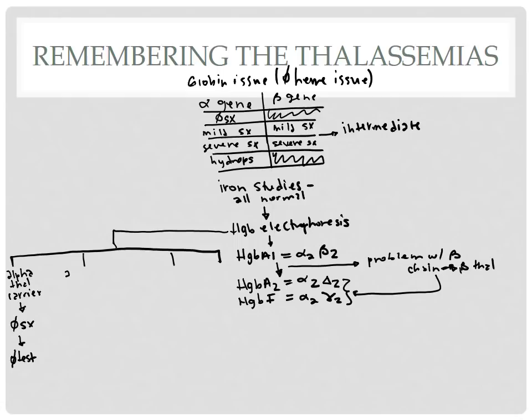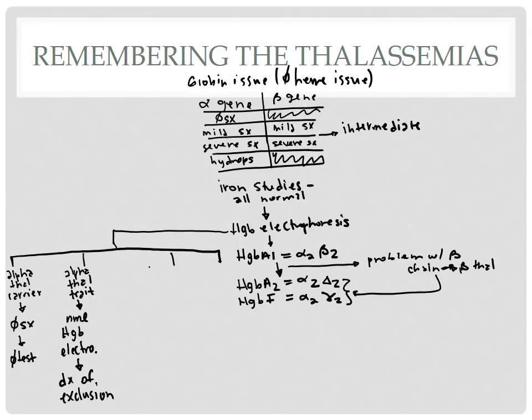If you have alpha thalassemia trait, they will have a normal hemoglobin electrophoresis. So this is actually a diagnosis of exclusion. You'd run all the testing for beta thalassemia and the other alpha thalassemias and they wouldn't show up, and that's how you would diagnose that.